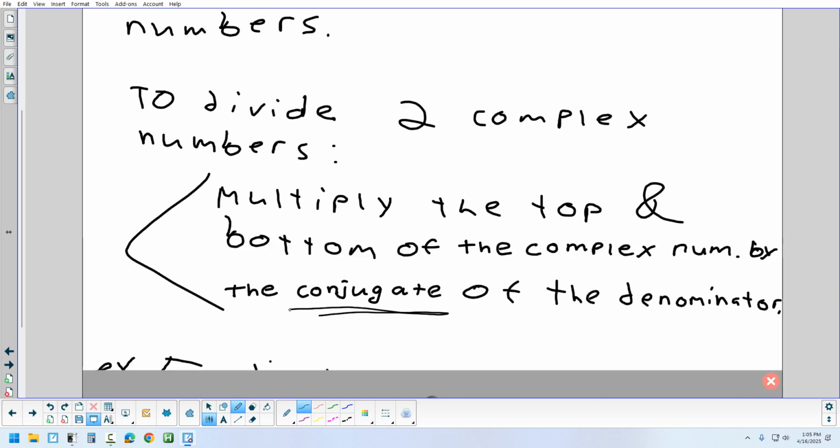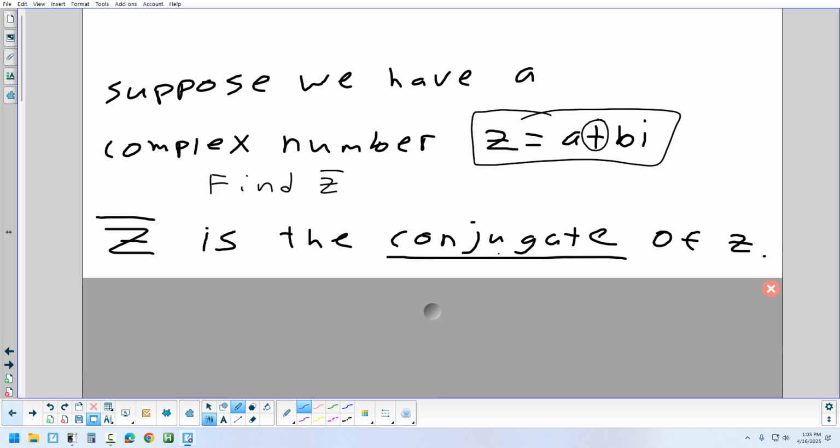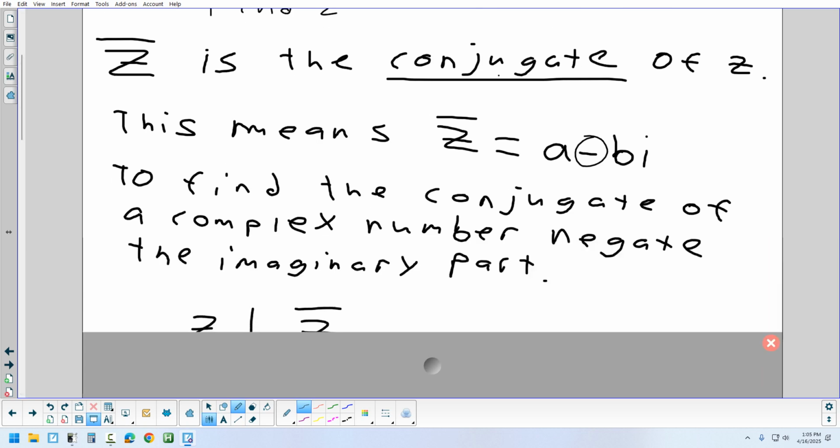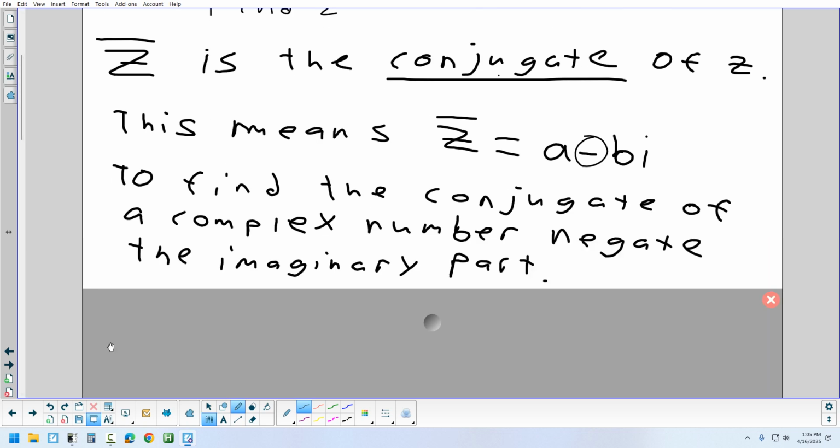If you can't figure out the conjugate, you're not going to be able to do the next step, which is division. The conjugate of a complex number is when you change the sign of the imaginary part. So the imaginary part, in this case, is a positive 2i. If you change it to a negative 2i, that's called the conjugate.